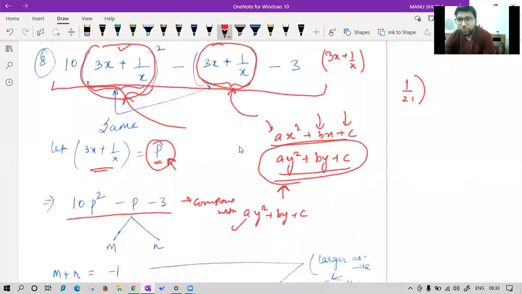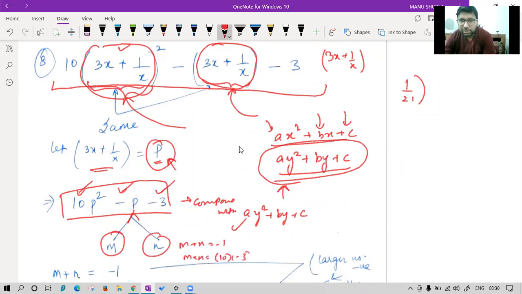Okay, so this is the equation. Now we have got a as 10, b as -1 and c as -3. We just have to break the middle term into two values m and n such that m plus n is equal to -1 and m into n is equal to 10 into -3, that is -30.